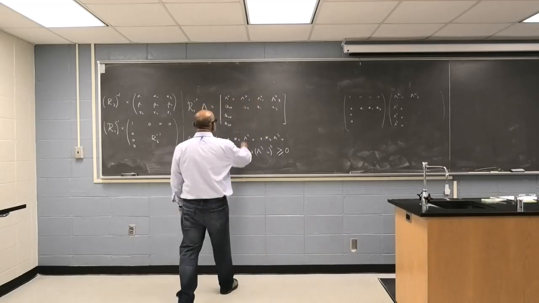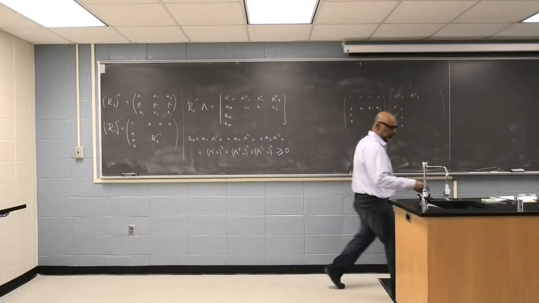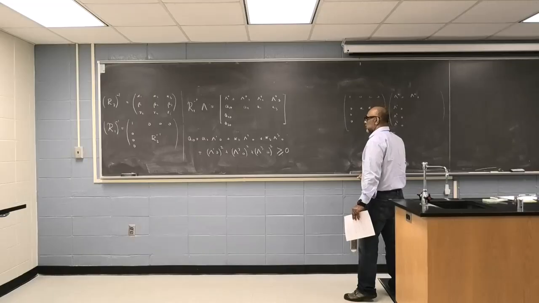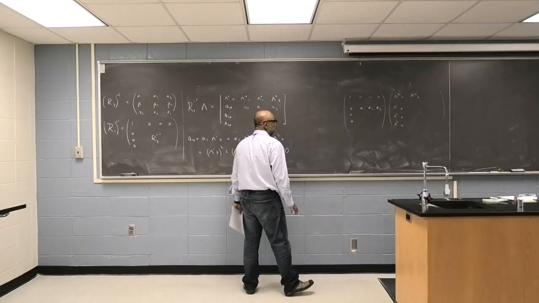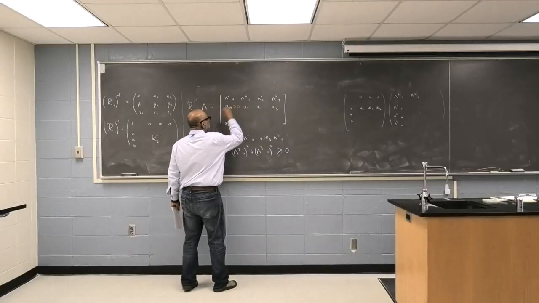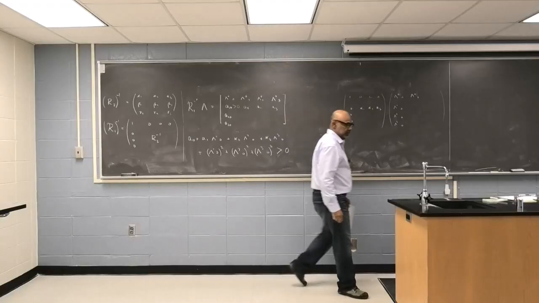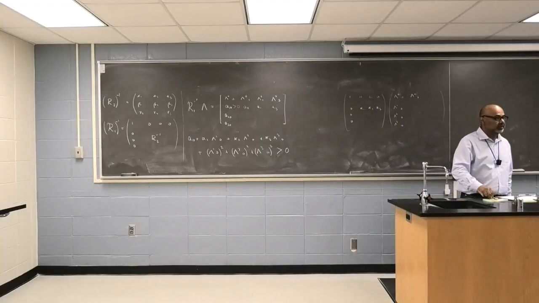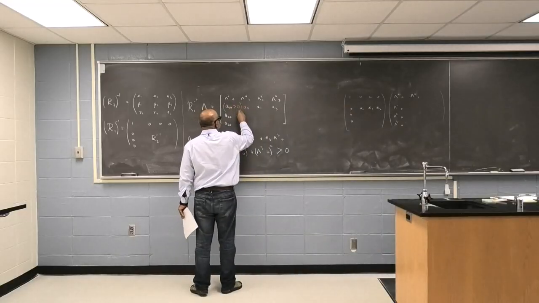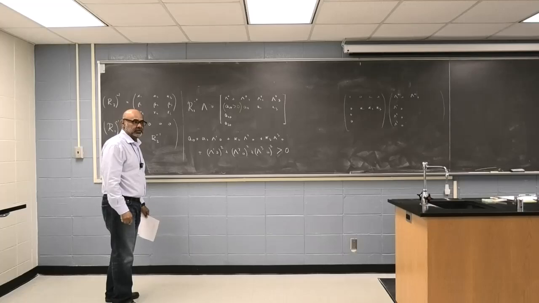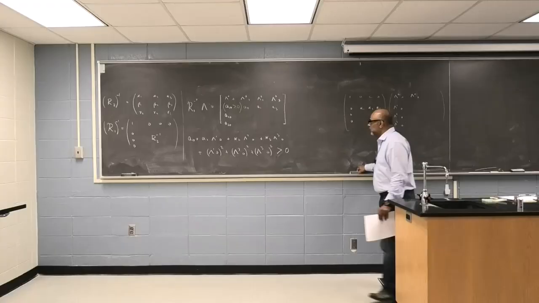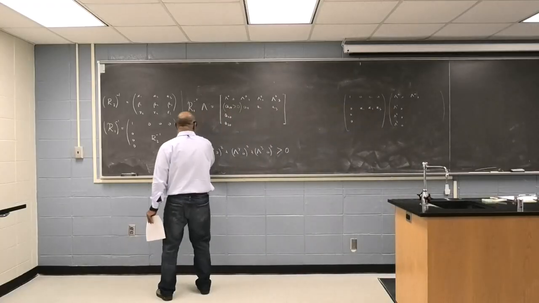So this guy has to be purely greater than 0. That's just parentheses, it's not part of the matrix. We're saying that the first entry has to be greater than 0. Are we good?